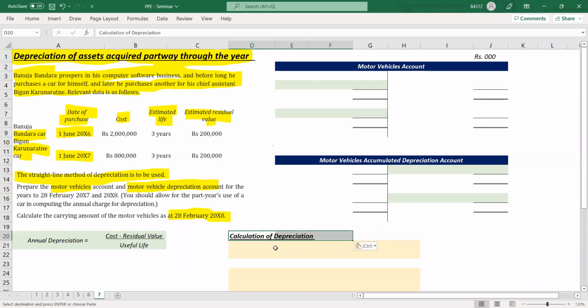Calculation of depreciation for the year 2006.